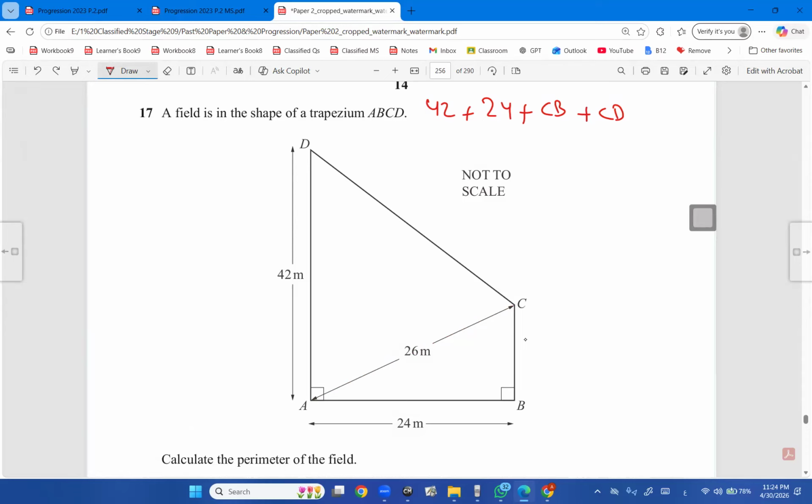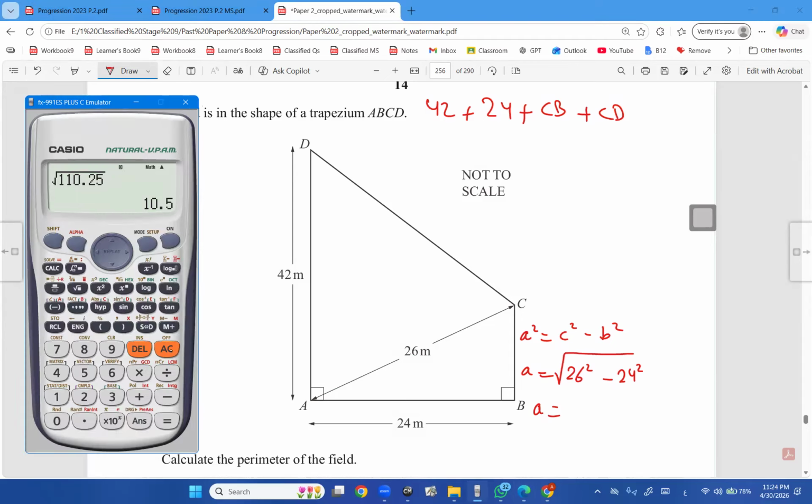So a squared equals c squared minus b squared. a equals the root of c squared minus b squared. What is c squared? It is 26 squared minus, what is b squared? 24 squared. Use your calculator and you will find what a is equal to, which is the CB. So let's do that.